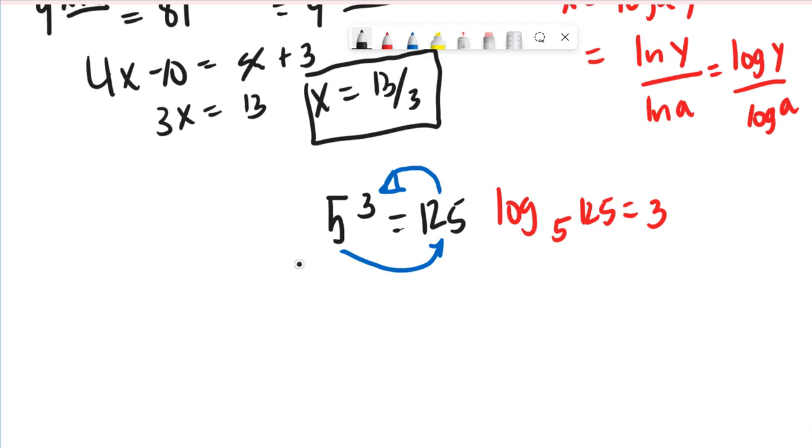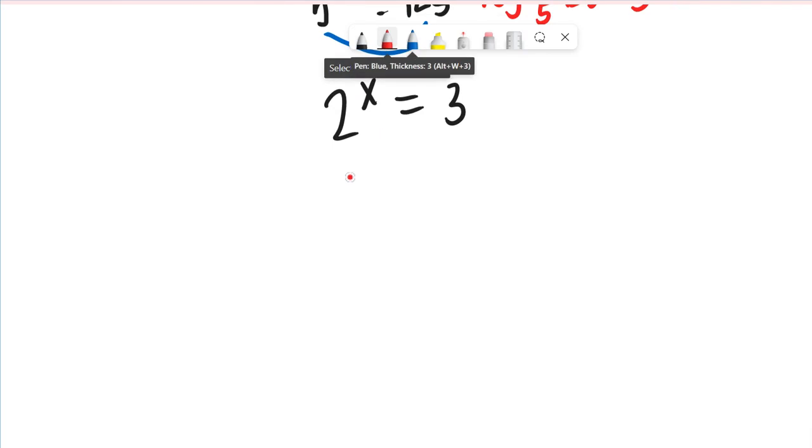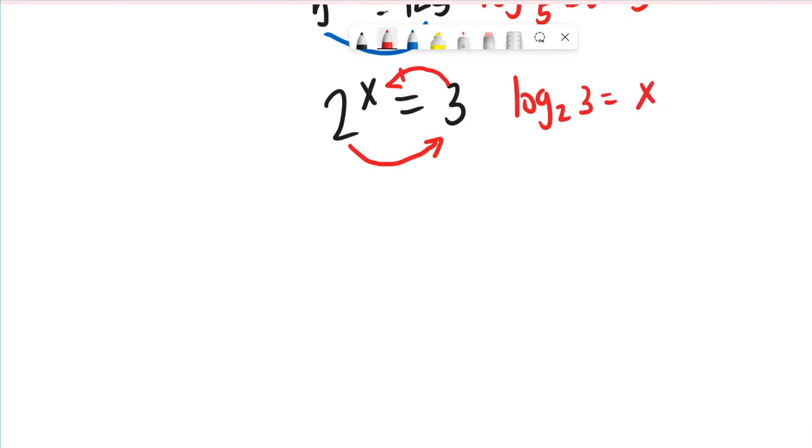But suppose that you had a different equation, like 2 to the x equals 3. There's no way that we can find the exponent that matches this one. So in that case, the only way to do this would be to say log base 2 of 3 is x. So that would be log base 2 of 3 equals x.